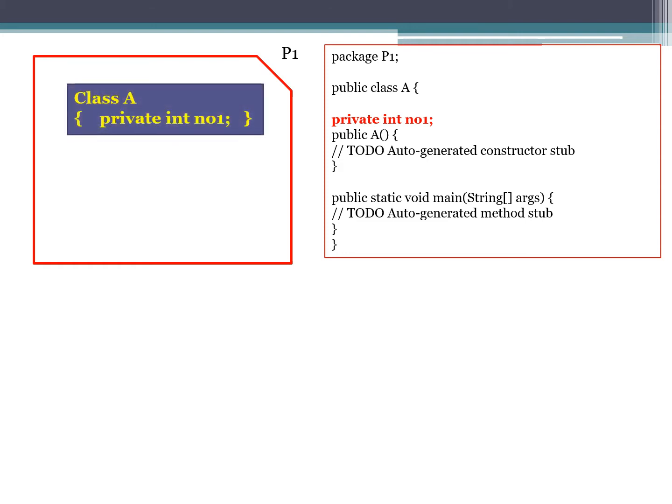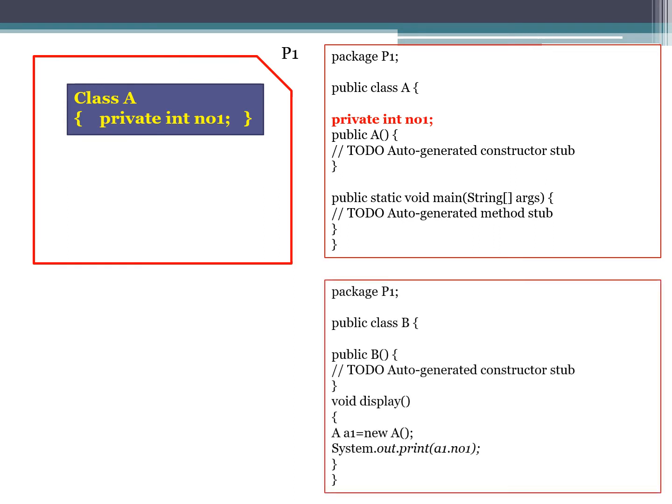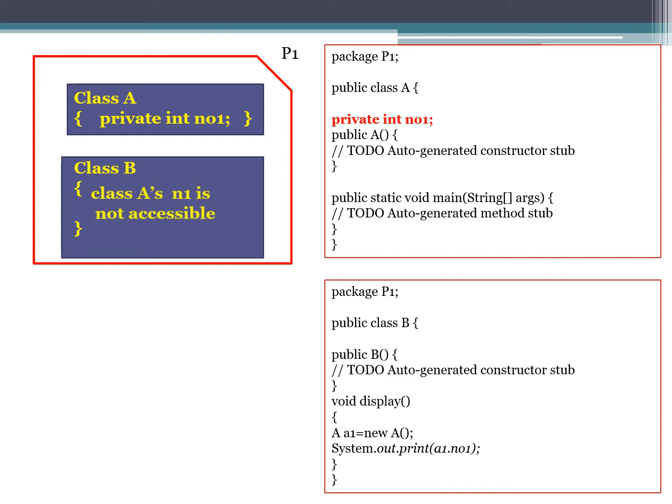We have to check whether this private variable is accessible in another class which belongs to the same package as class A. Here there is a display function, and in it we have created an object of class A. If we try to print the value of this private member variable no1, it gives us an error as the field a.no1 is not visible.